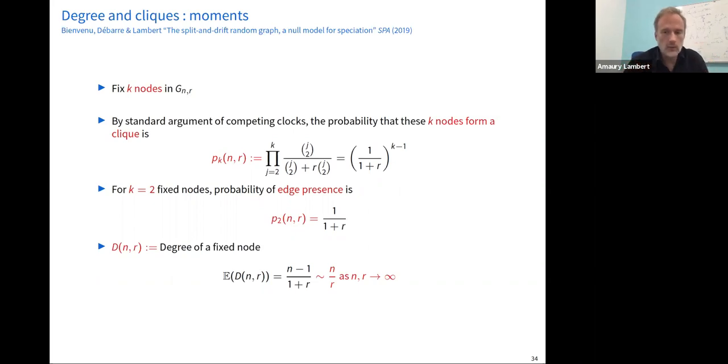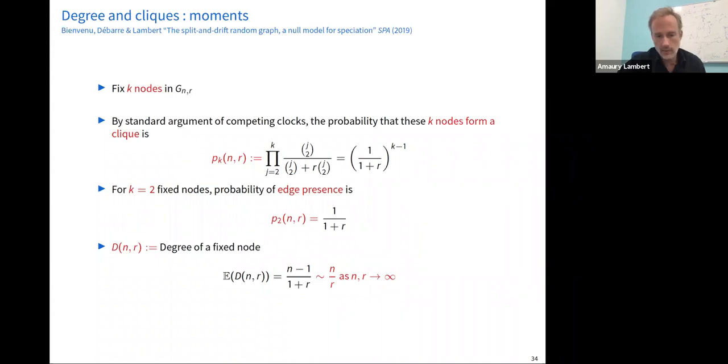And so it's simple to calculate this as 1/(1+R)^(k-1). And in particular, if you take k equals 2, then p2(n,R) is the probability of edge presence between these two nodes.